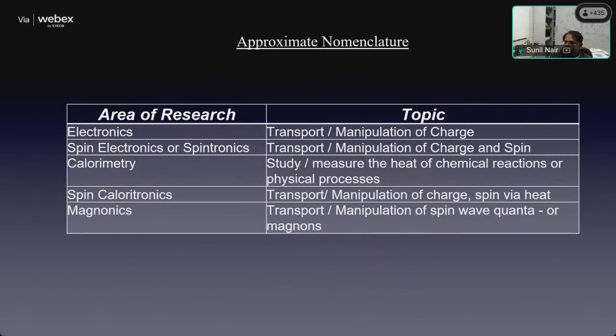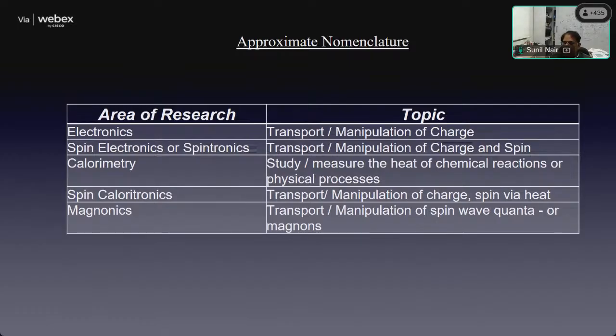So this is just to tell you what different areas mean. When one talks about electronics, one is basically talking about the transport and the manipulation of charges in solids, right?